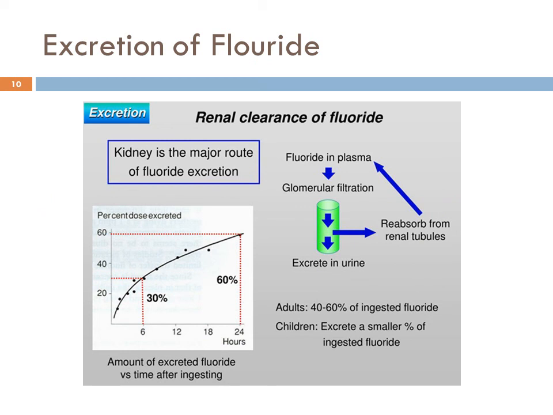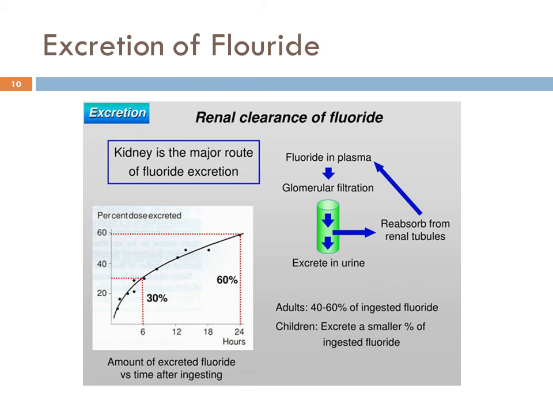The last subject in this lecture is the excretion of fluoride. In fact, the kidney is the major route of fluoride excretion. We mentioned that some of the fluoride will go unchanged and unabsorbed and will be excreted through the feces, which is about 10%.